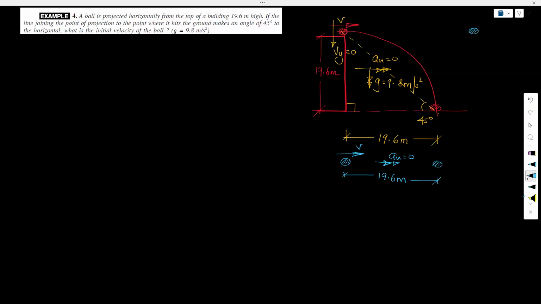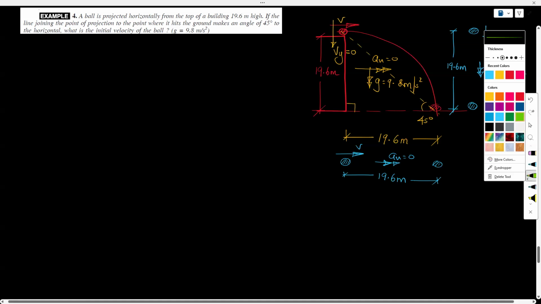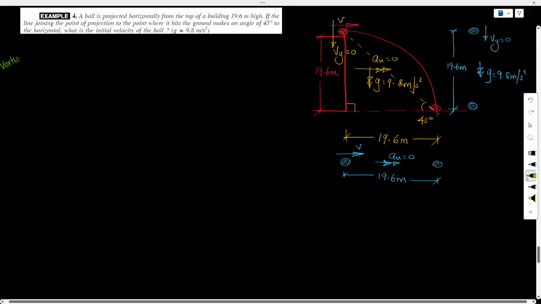In the vertical direction, the initial velocity is going to be 0 because it is projected horizontally, and the displacement it has covered is 19.6 meters, and the acceleration due to gravity is 9.8 meters per second squared. So we are going to treat as usual. We will take the horizontal projection and vertical projection. So I'm going to deal with the vertical projection.